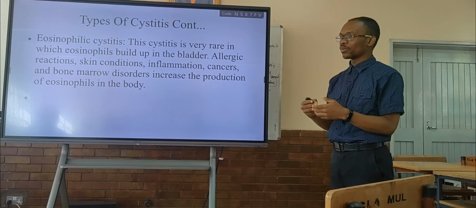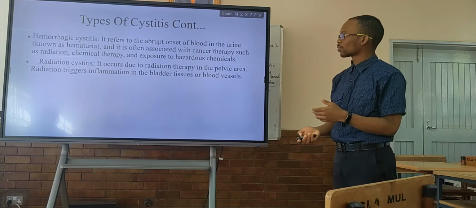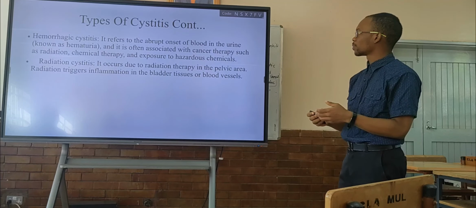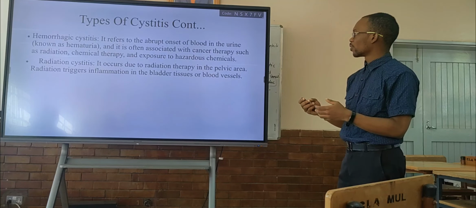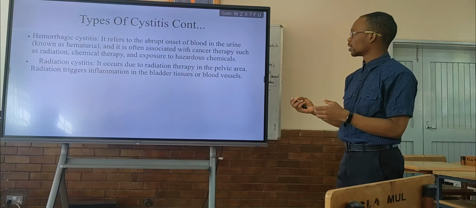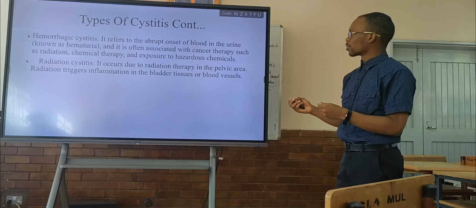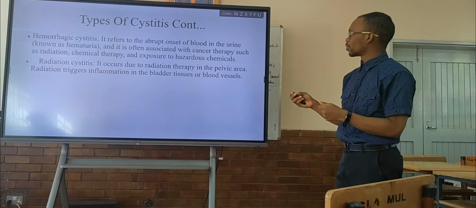Then we have hemorrhagic cystitis. It refers to the abrupt onset of blood in the urine, known as hematuria, and is often associated with cancer therapy such as radiation, chemotherapy, and exposure to hazardous chemicals. Radiation cystitis occurs due to radiation therapy in the pelvic area. Radiation triggers inflammation in the bladder tissues or blood vessels.